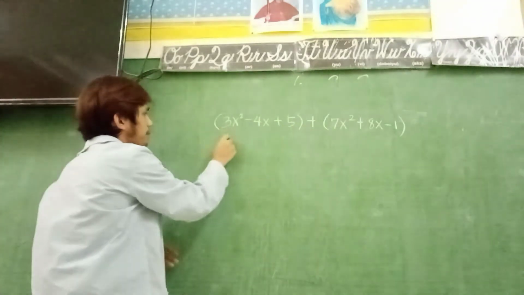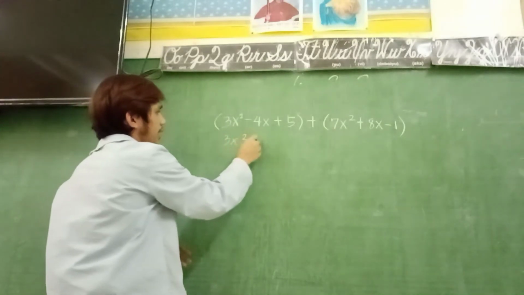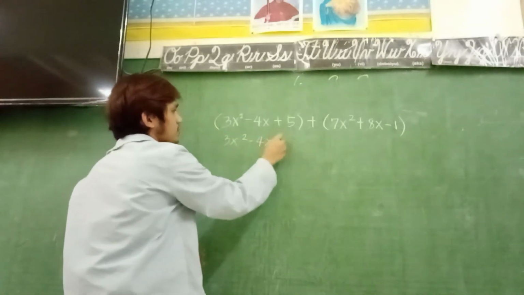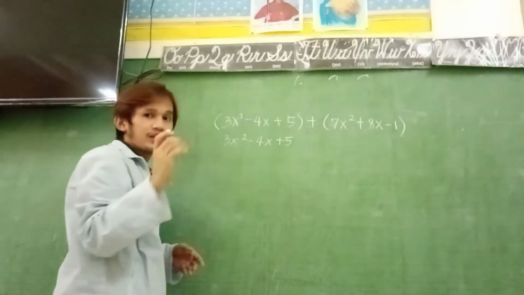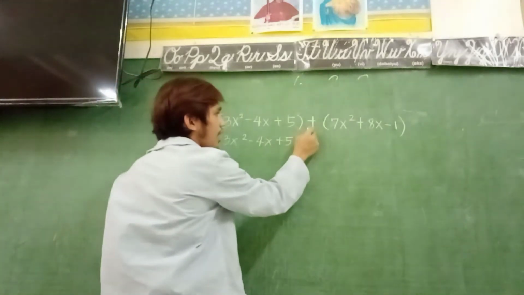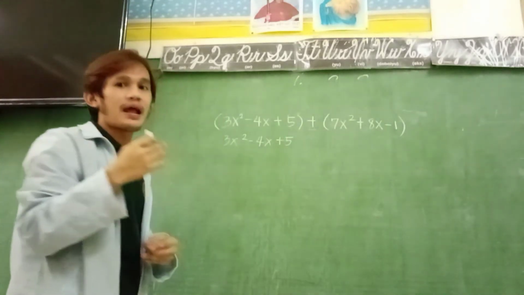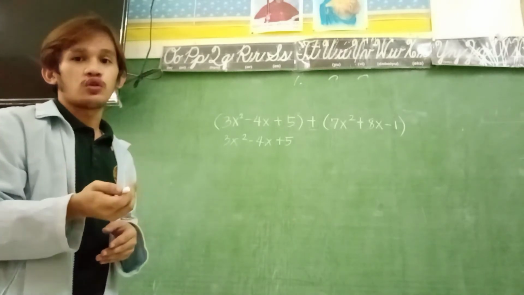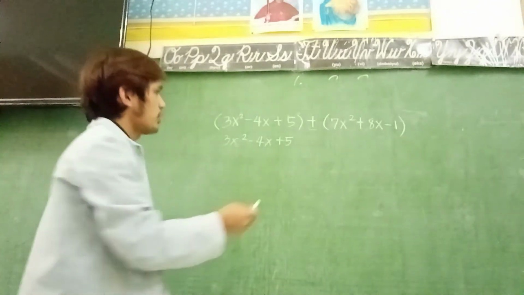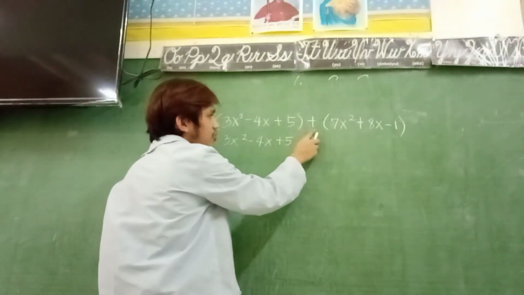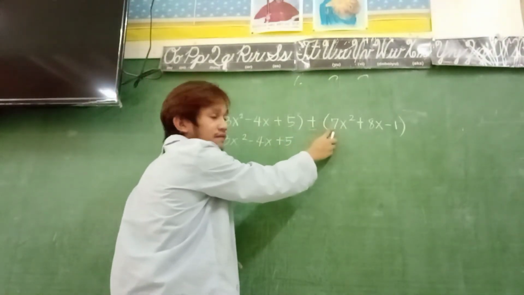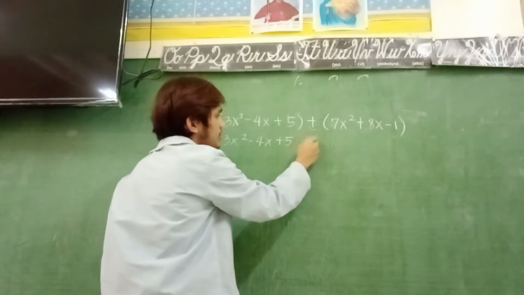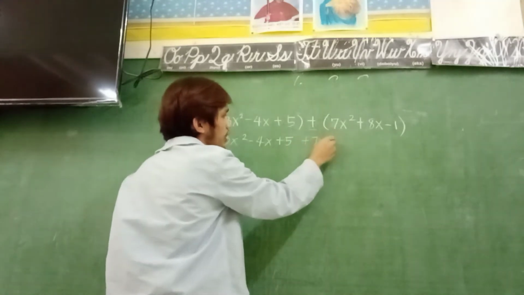So, this will become 3x squared minus 4x plus 5. So, make sure that you know how to multiply ng operation or ng sign. So, di ba? Positive times positive 7x squared, we have positive 7x squared.